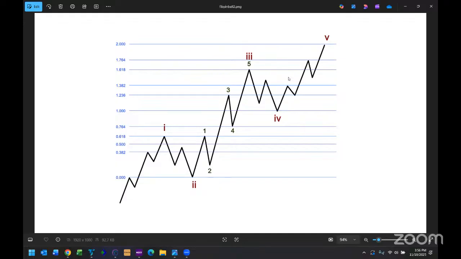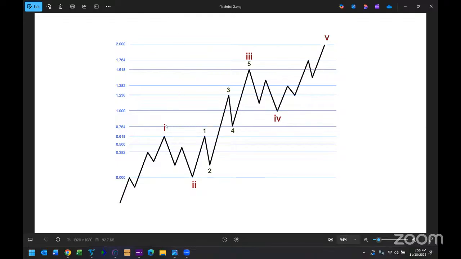What Elliott identified was that the market was fractal in nature, meaning that it's variably self-similar at all degrees of trend. Okay, well, what does that mean? Well, we start with the basic Elliott five-wave structure, and you see Roman numerals 1, 2, 3, 4, and 5.